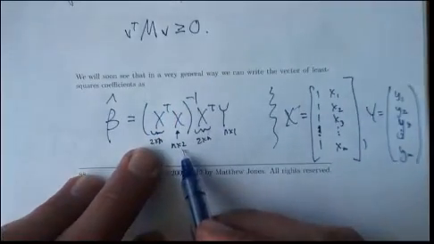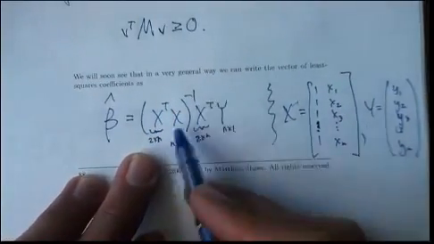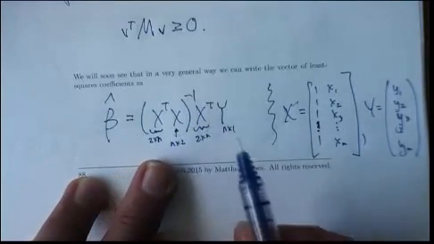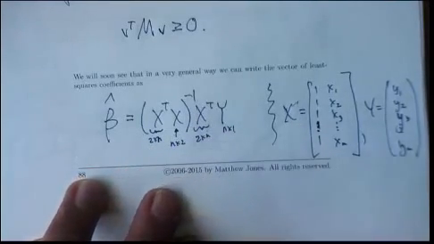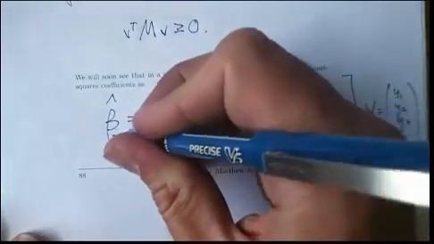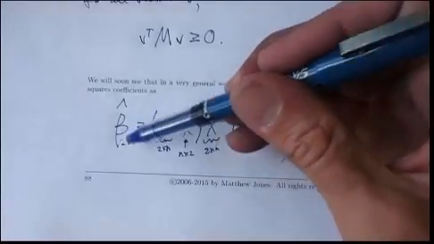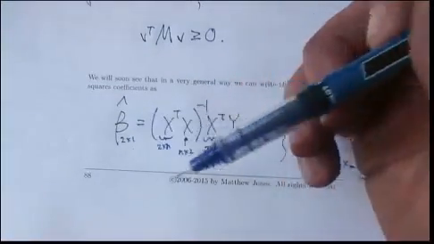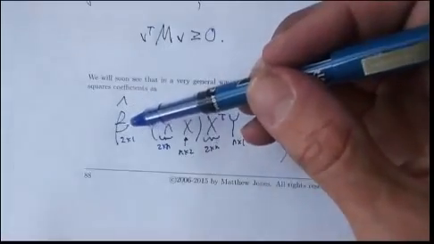When you multiply these two, X transpose X is a 2 by 2. Its inverse, provided it actually exists, is a 2 by 2 as well. So I've got a 2 by 2 times a 2 by 1, which will give me a 2 by 1. In the case of simple linear regression, this is just the column vector of beta naught hat and beta 1 hat. This will give you your intercept and your slope.